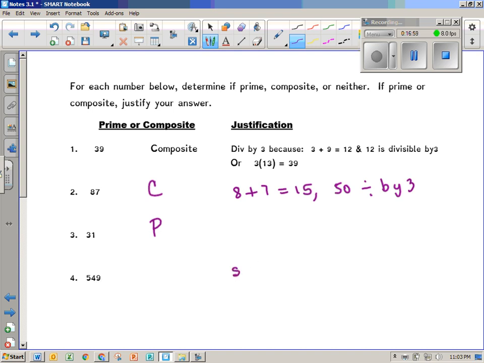So I'll just write over here the sum of the digits equals 18. That tells us that it's divisible by not only 3, but also 9. And there could be other factors, but as long as we find factors other than 549 and 1, then we know it's composite.